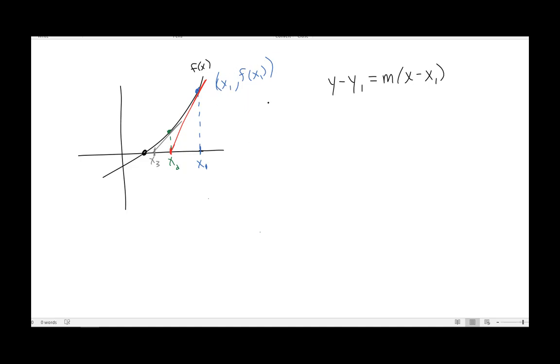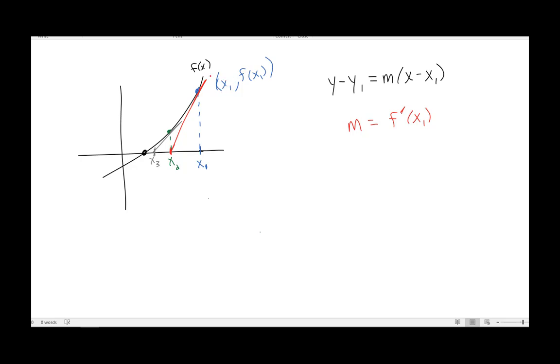Also, for this specific line, the one in red, the slope is f prime at x1. The slope of the tangent line is the derivative of the function at the point x1.